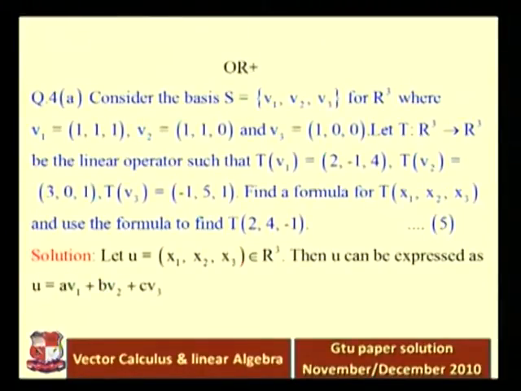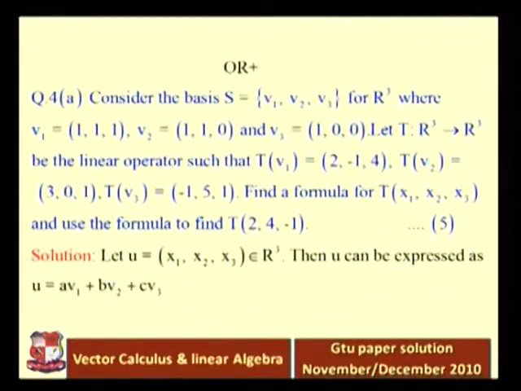Consider the basis S equal to {V1, V2, V3} for R3, where V1 is equal to (1, 1, 1), V2 is equal to (1, 1, 0), V3 is equal to (1, 0, 0).